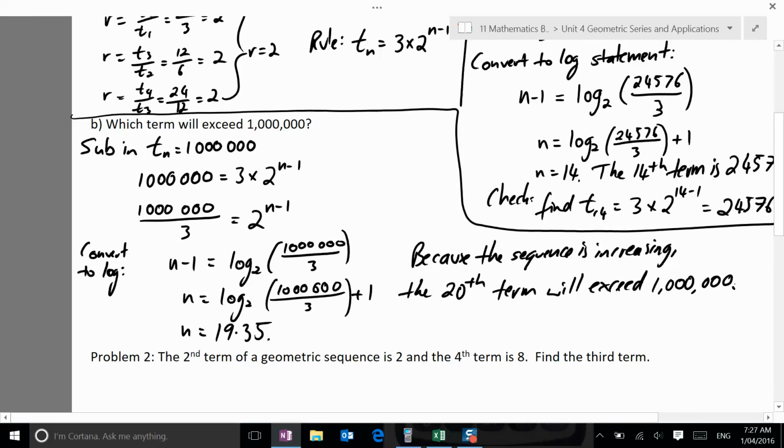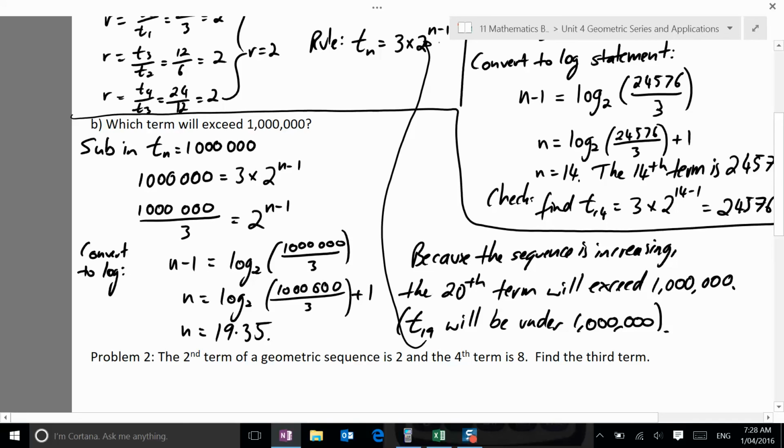We know that T19 will be under 1 million, and you can test that by finding what T19 is, subbing 19 into that formula.